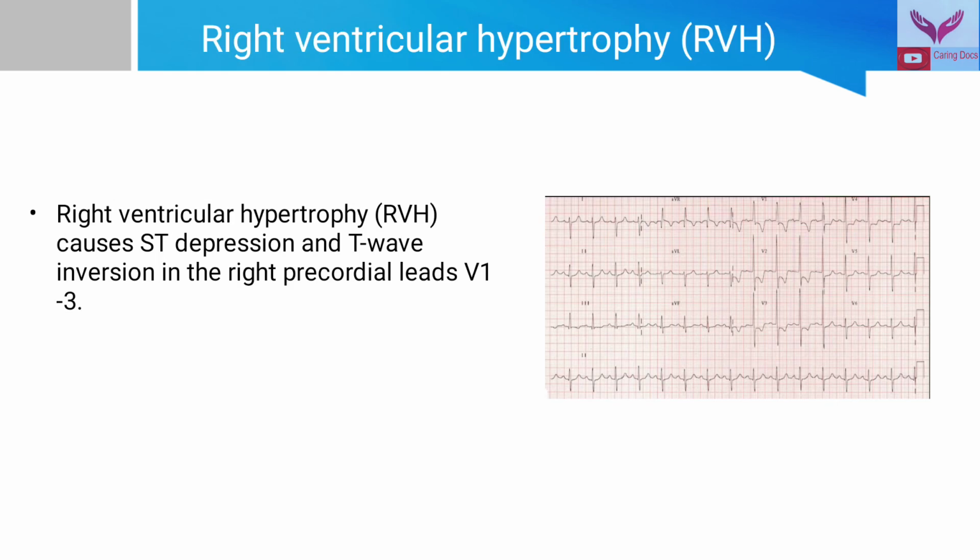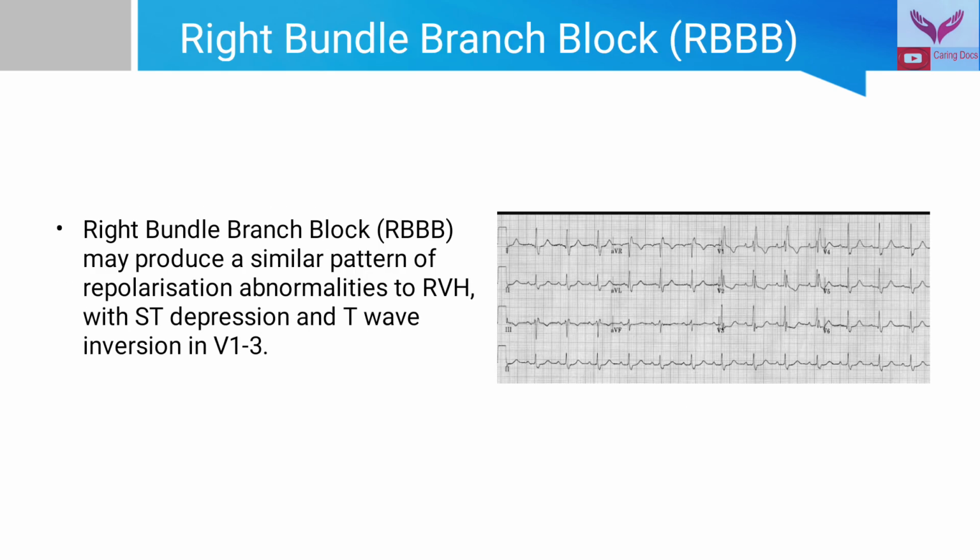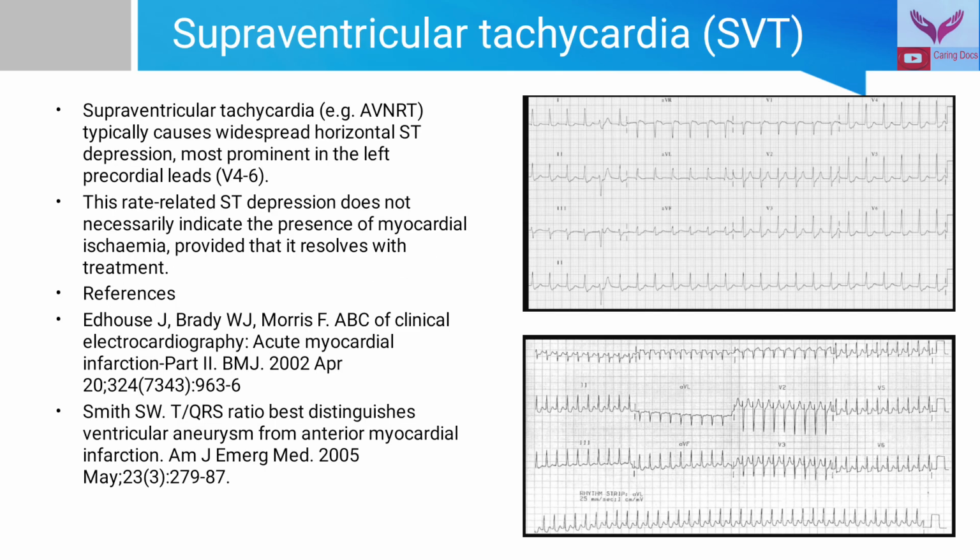Patients with right ventricular hypertrophy may show ST depression and T wave inversion in the right precordial leads, that is V1 to V3.